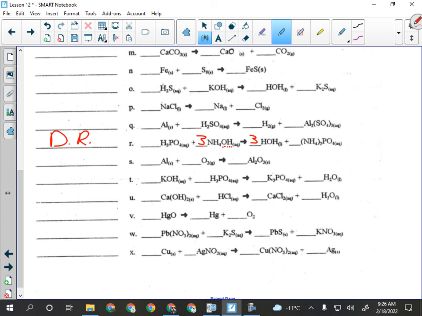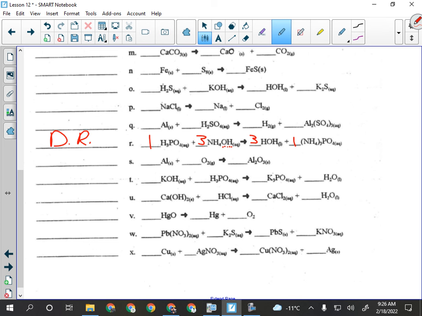Now, if you have a fill-in-the-blank balancing, put 1s in blanks. Because if I'm marking it and the blanks aren't filled, I don't know whether you knew it was a 1 or you didn't finish it because you got lost.